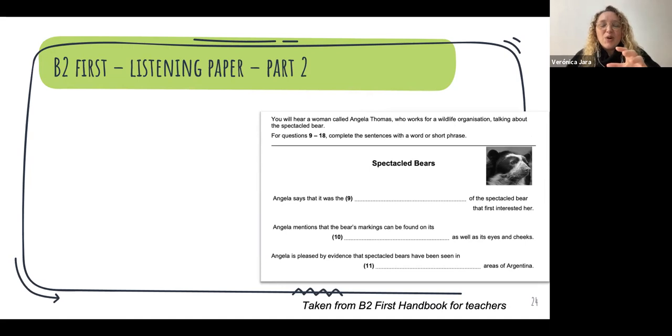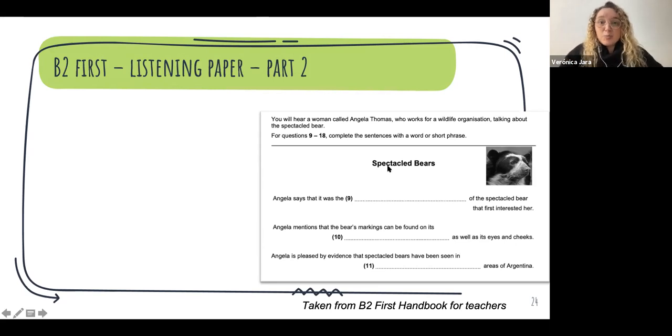So you have a context there, and that's not done randomly. It has a purpose, which is to set the context for students to be more prepared for this first encounter with the text.